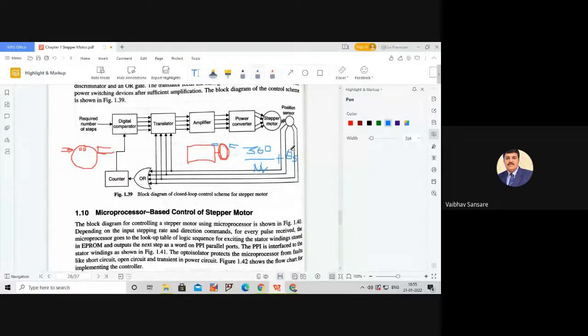Now these two signals are taken. The comparator compares the number of steps the motor is required to move through with the actual number of steps which are completed.